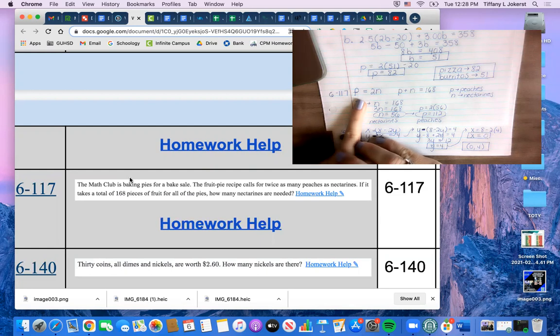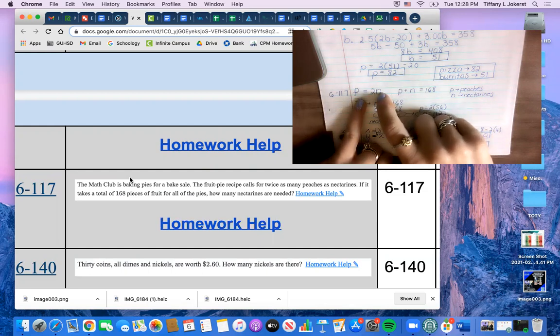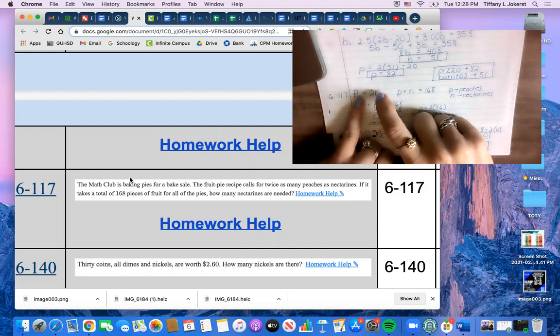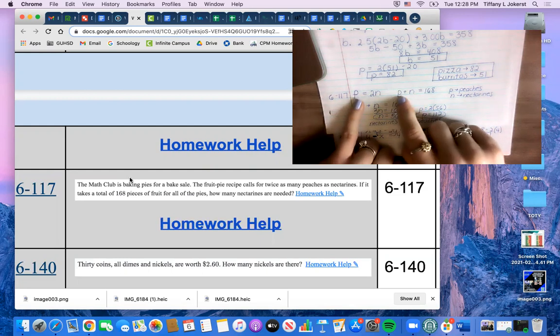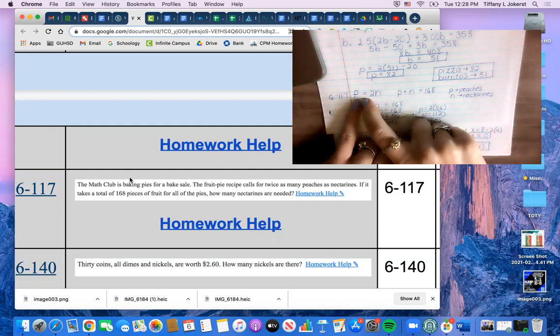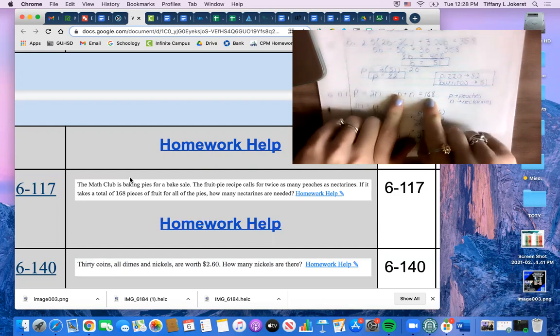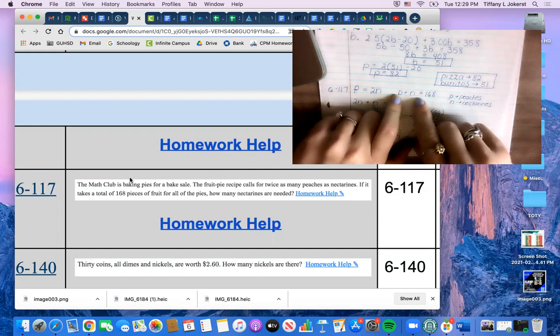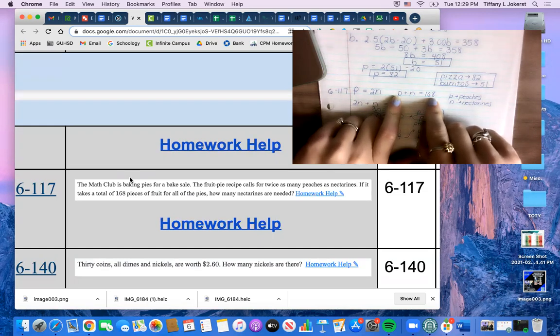Well, in this one, it's twice as many. So peaches are twice the number of nectarines. Okay, so what I know is that P plus N is 168. So if the peaches are twice as many as nectarines, and there's a total of 168 pieces of fruit, that's P plus N is equal to 168.